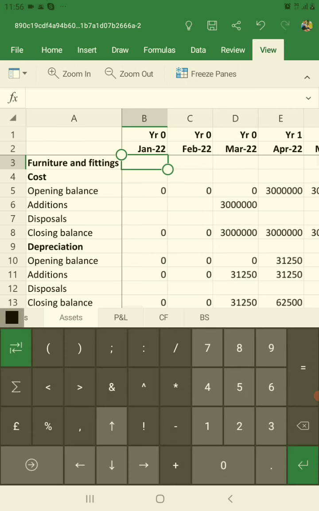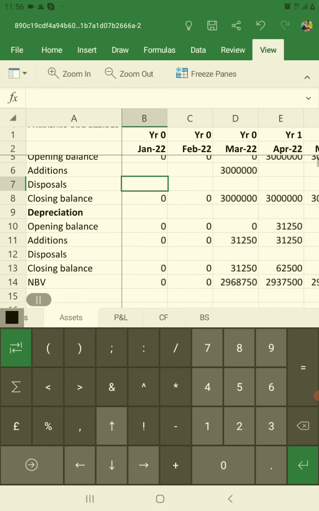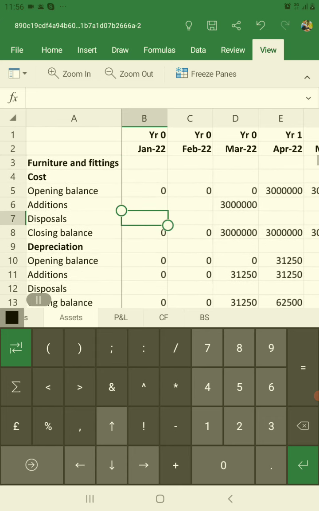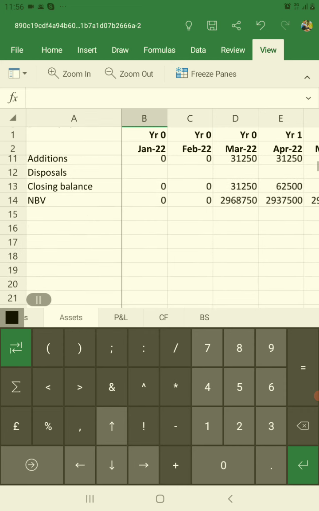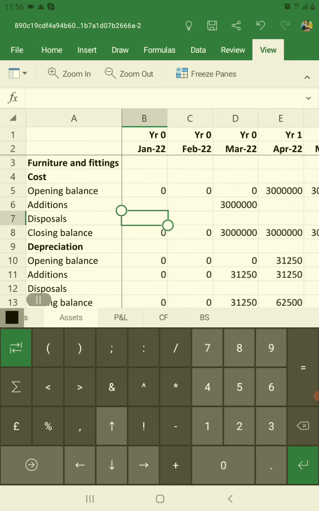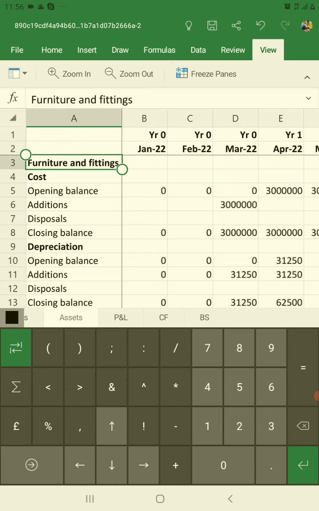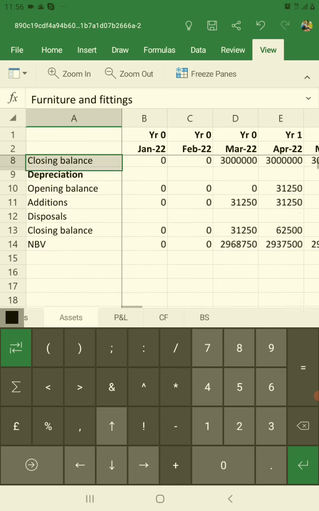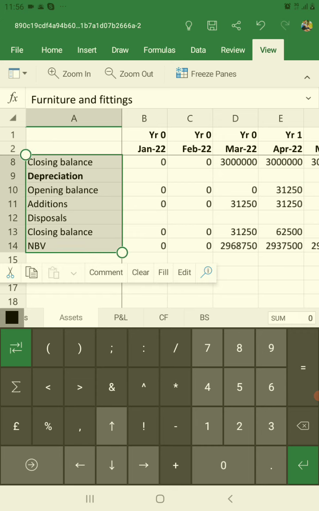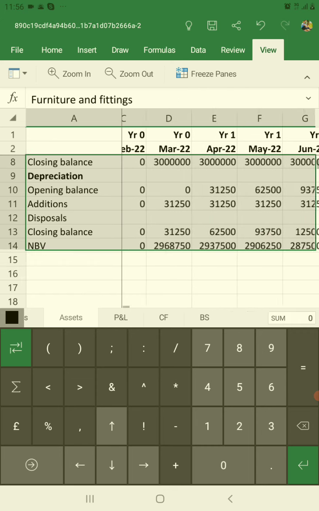So I'm done. Now we are done with the modeling for furniture and fittings.